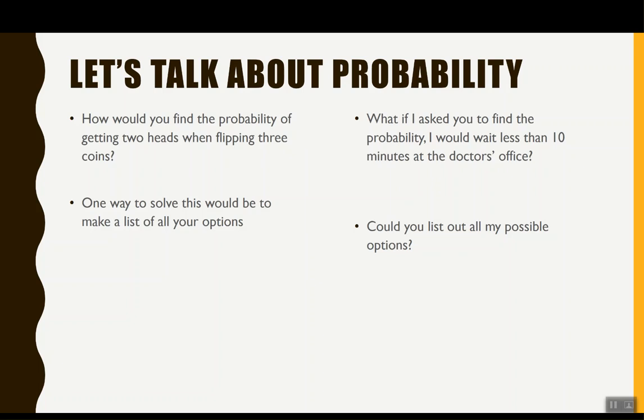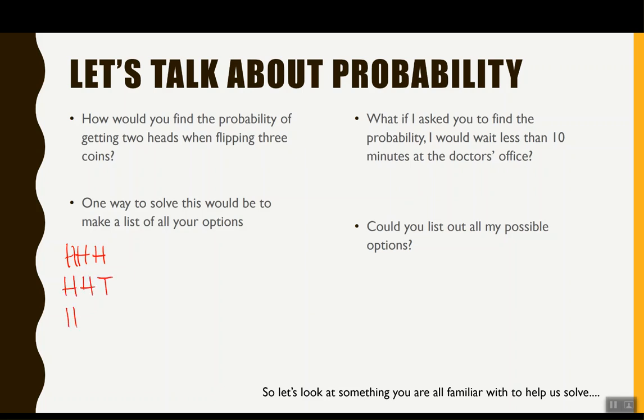If we think about having 3 coins and we list out our possibilities, we would be making a list that looks something like this. Oops, sorry, that should be tail, heads, and then all 4 of them being tails.